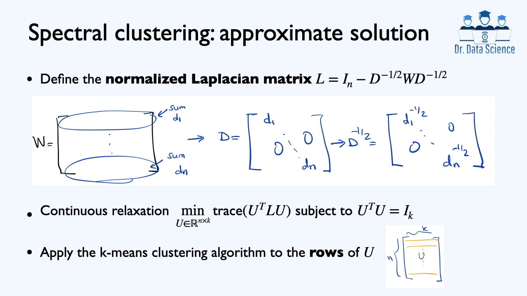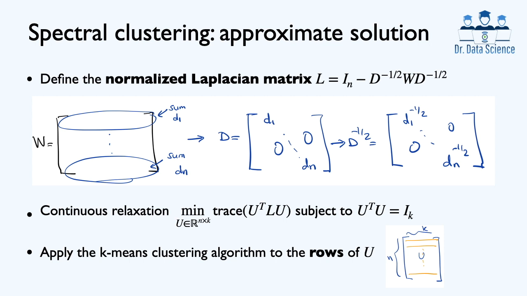And after we find the solution of this problem, we find the optimal U that minimizes this trace. Now we apply the k-means clustering algorithm to the rows of this matrix U. So by construction, this matrix U has n rows. So each row corresponds to one data point or one node. And then each row now has k attributes or features.